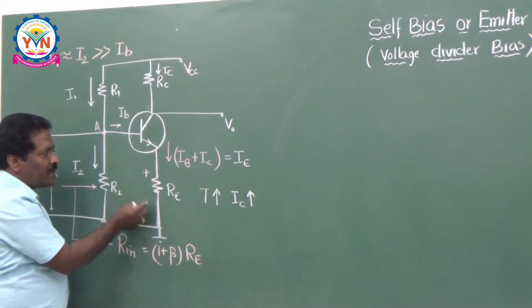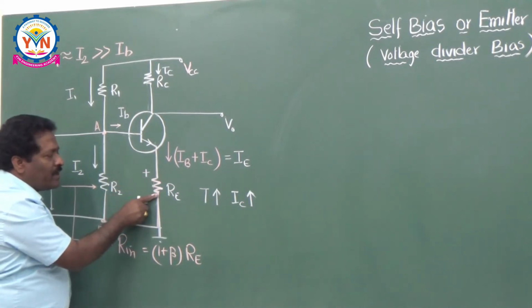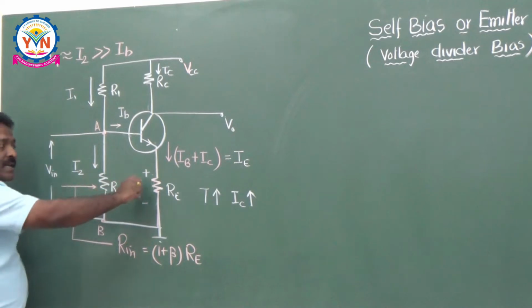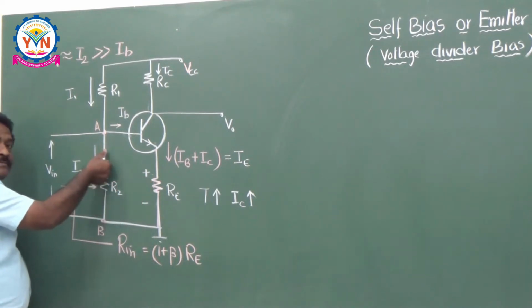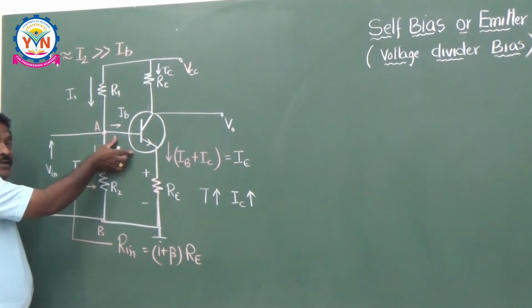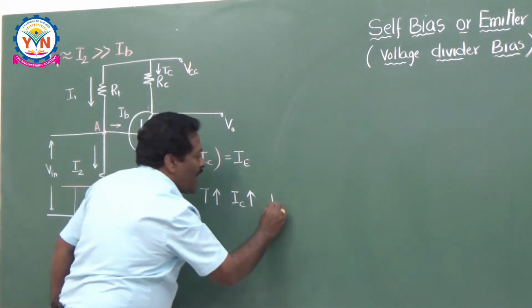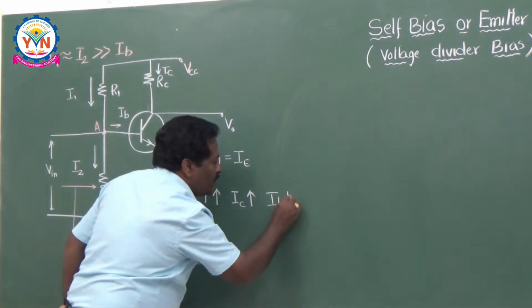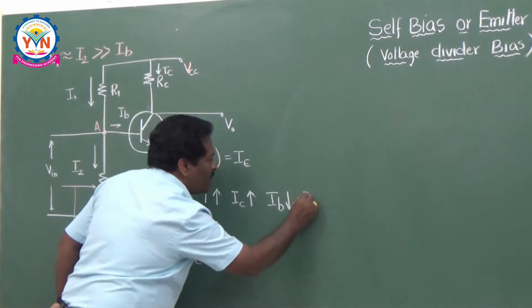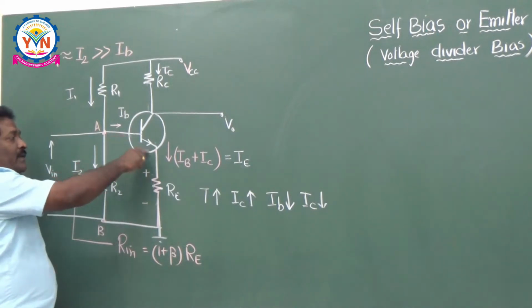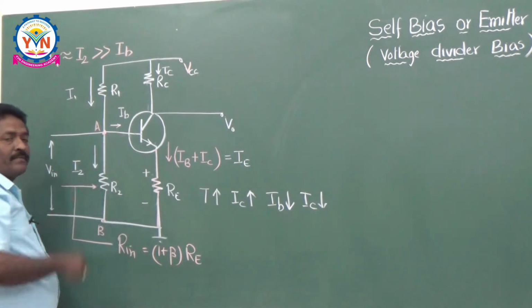If IE increases, the voltage drop across RE increases, so the reverse feedback voltage increases here. That's why forward biasing will be reduced on this junction, so the input current decreases. Therefore IB decreases. If the input current decreases, automatically IC also decreases. In this way, the temperature variation will be controlled here.